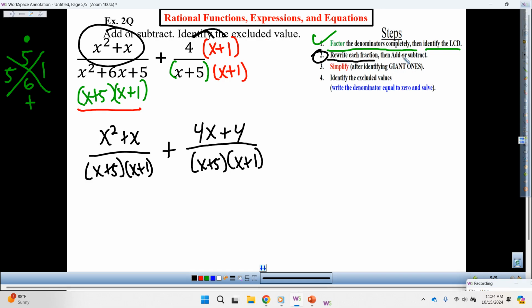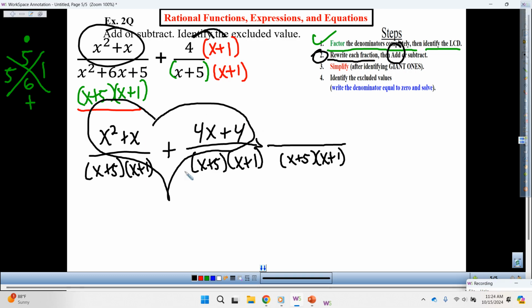We rewrote it. Now we need to do what? Add. All right. Common denominator for both is x plus 5, x plus 1. And then we combine these. Tell your neighbor what to write on the numerator for that fraction. All right, who went last?